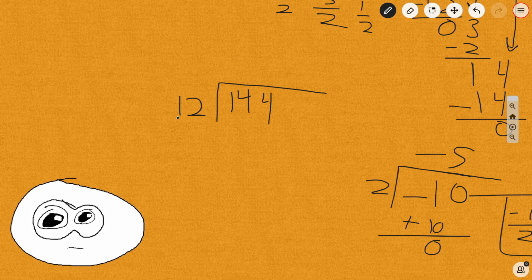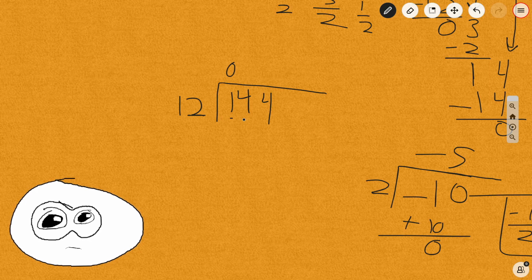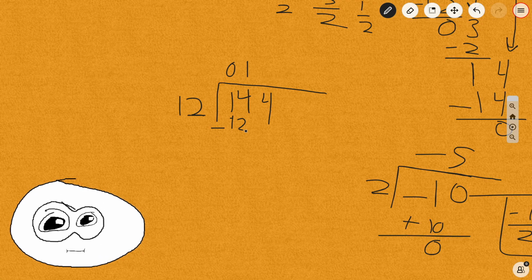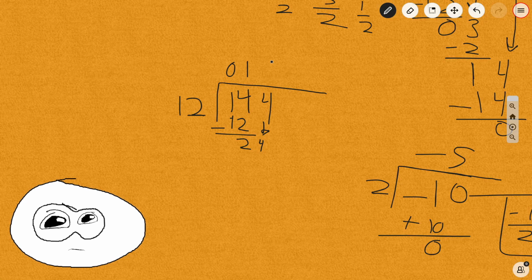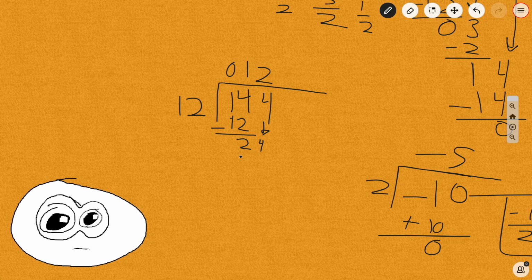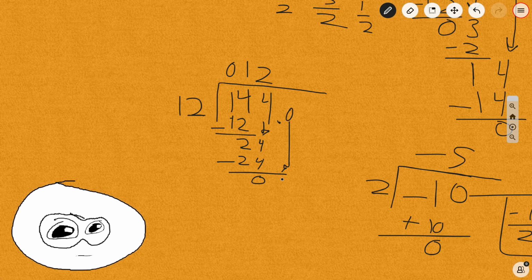So how many times does 12 go into 1? 0. How many times does 12 go into 14? Oh, at least once. So that's nice. Then we get 2. Carry down the 4. So then this 2 and 4 become 24. How many times does 12 go into 24? 2 times. Minus 24. Is there anything left to divide? Nope. Just maybe a bunch of zeros.